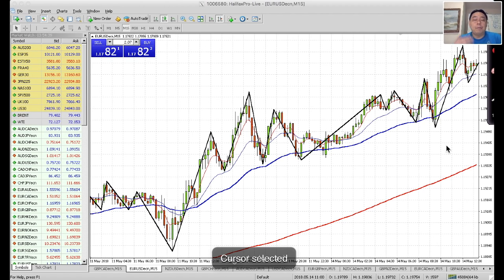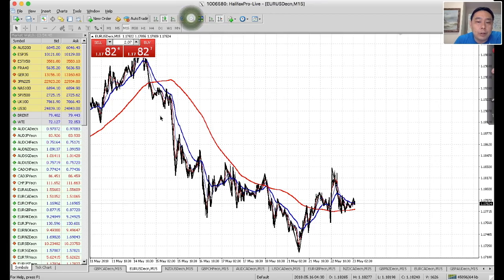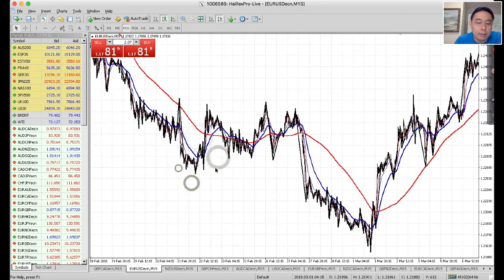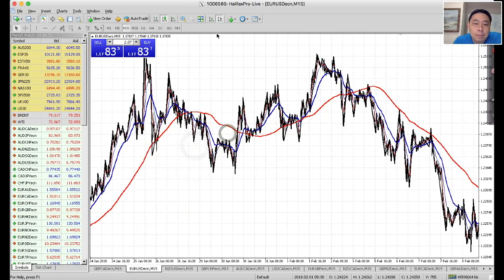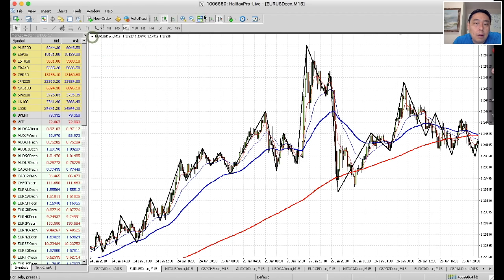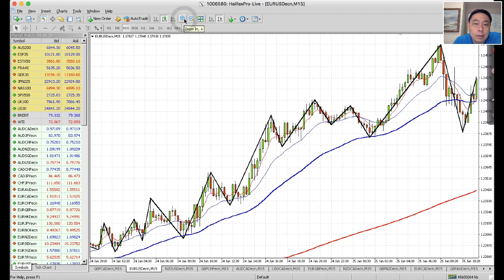Okay, so let me give you some examples right now of how I'll identify these patterns. So what I'm going to do is I'm going to just zoom out, and I'm just going to scroll back some time to the past. Let me scroll back. Okay, so let me just zoom in, and I'll give an example of what we're looking for.